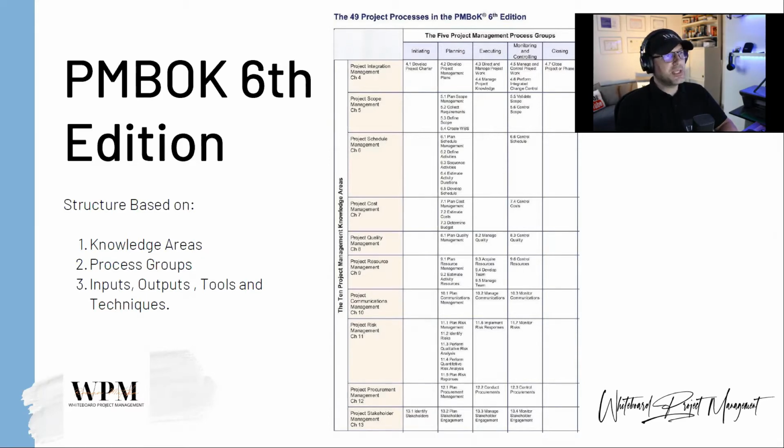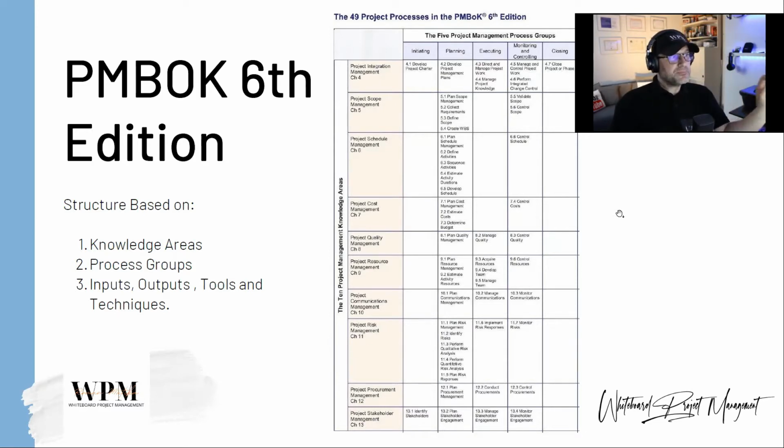If you already studied the PMBOK guide, you can see that the 6th edition had the knowledge areas and the process groups. The knowledge areas are here, 13 knowledge areas, and 5 process groups, where you have all those processes inside, where you clearly know what to do during the initiating, during the planning, during the executing, and during the monitoring and controlling and closing.